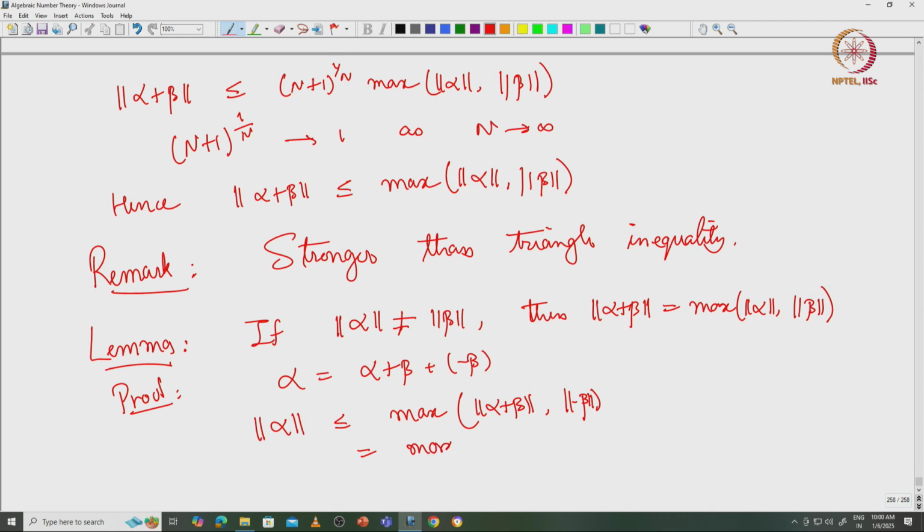So, this is max of valuation of alpha plus beta, valuation of beta. And this on the other hand is less than or equal to max of valuation of alpha, valuation of beta.